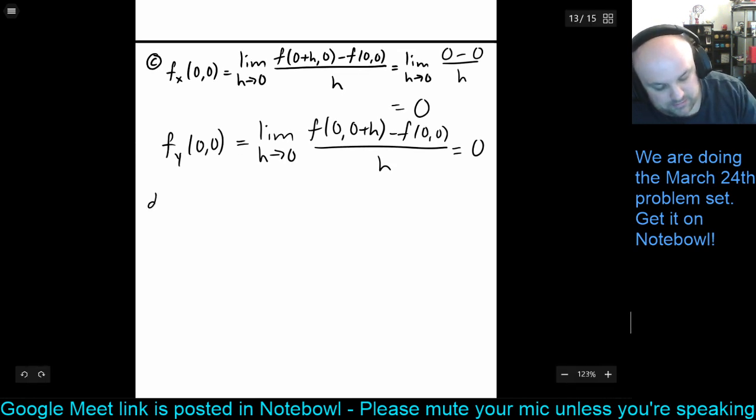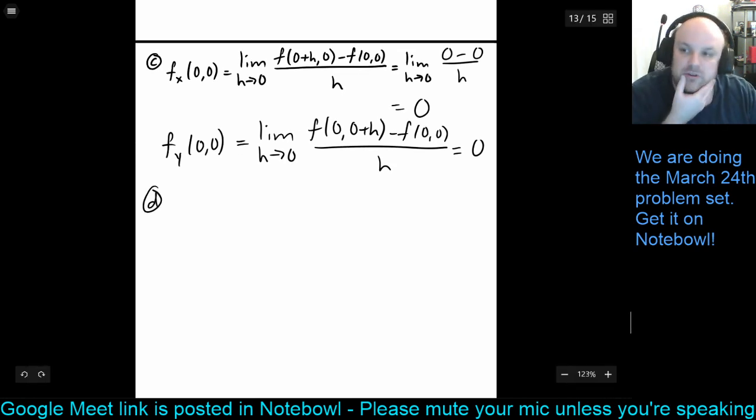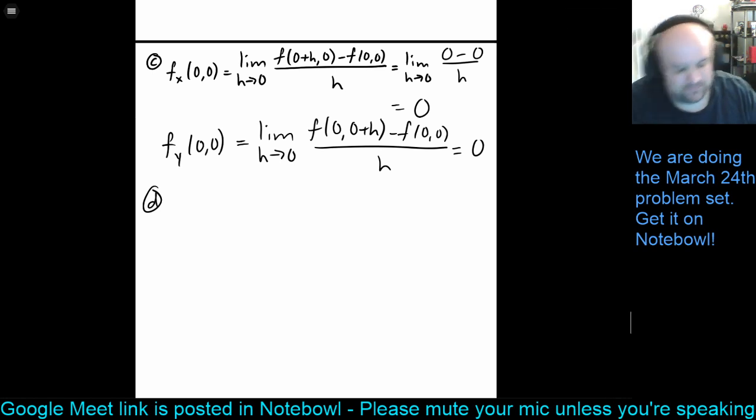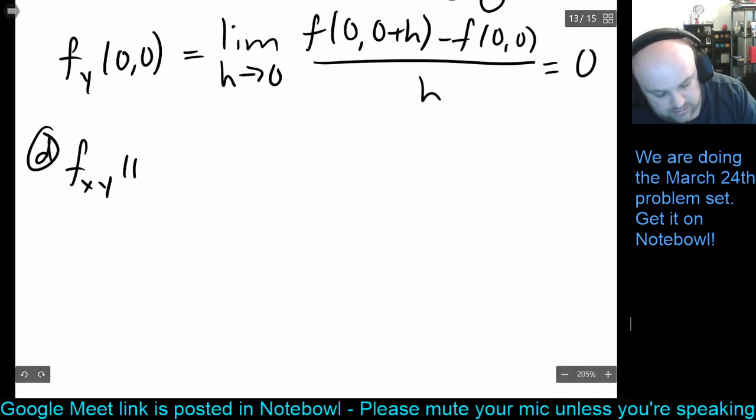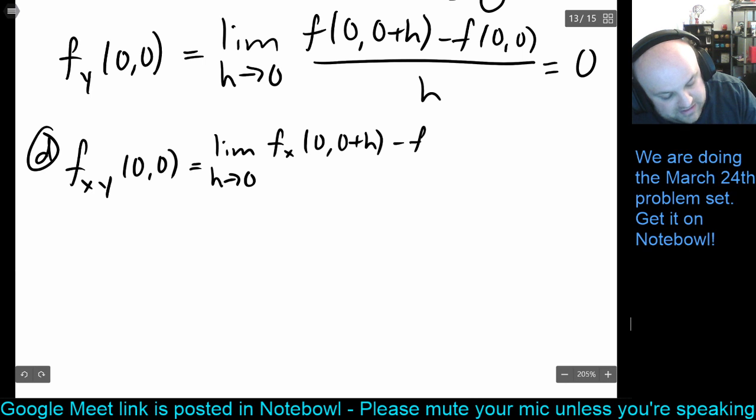Let's see if Clairaut's theorem works for this. So what we're going to do now is look at f_xy(0, 0). We're going to do f_x(0, 0 plus h) minus f_x(0, 0), over h.